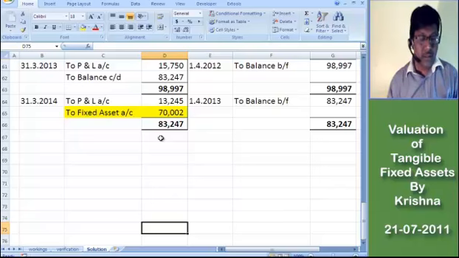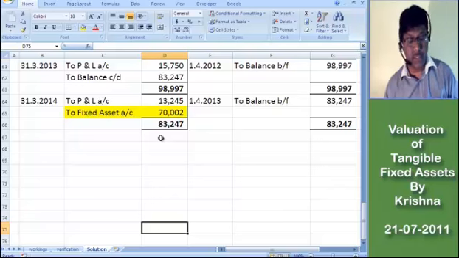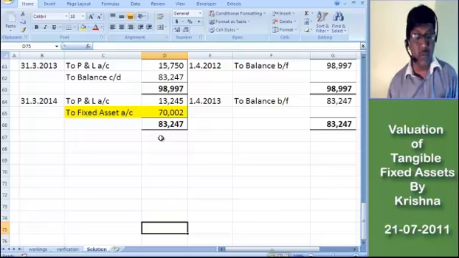Then the amount of devaluation, that is downward direction revaluation, what should we do? The amount of devaluation can be charged to revaluation reserve account to the extent the revaluation reserve earlier credited is unutilized.